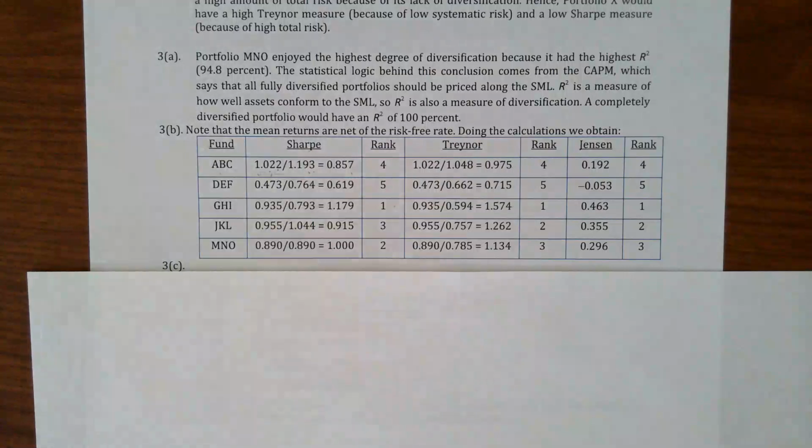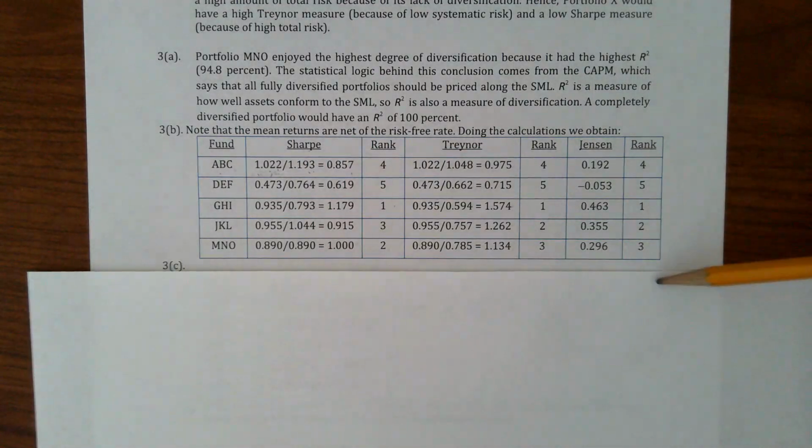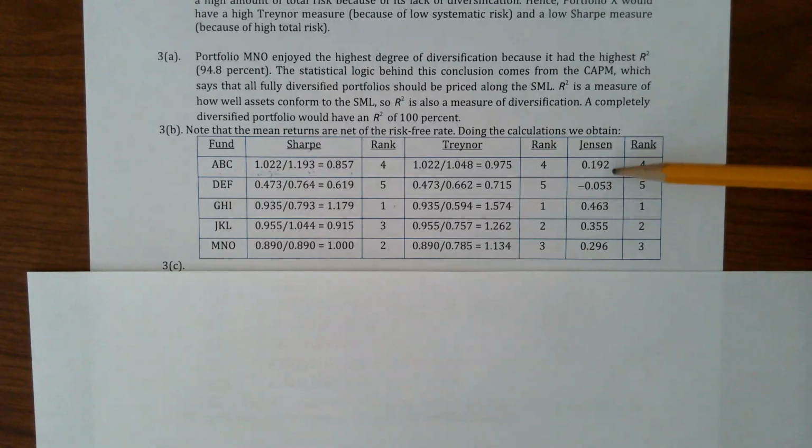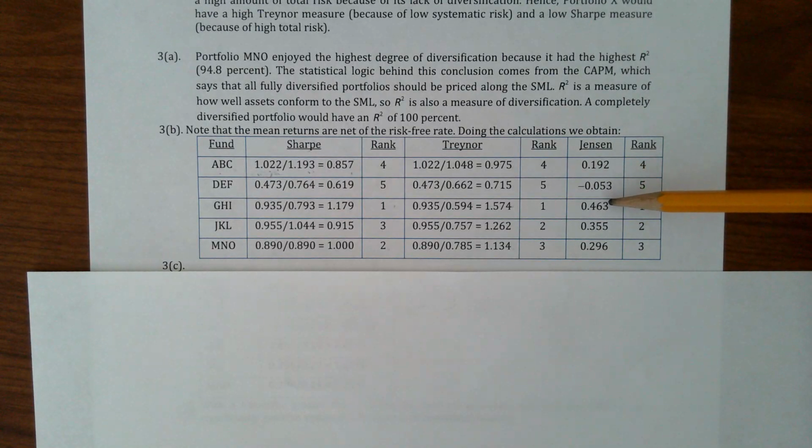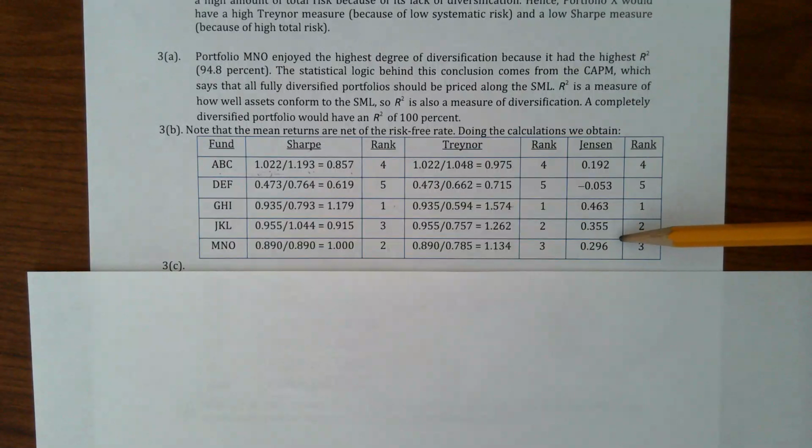All right, now over here where it says the Jensen's Alpha, right? They rank these, they pluck them off the table. Remember, we want our alpha to be highly positive, actually. So they put this one as 1, right? This one's ranked second, third, fourth, and fifth.